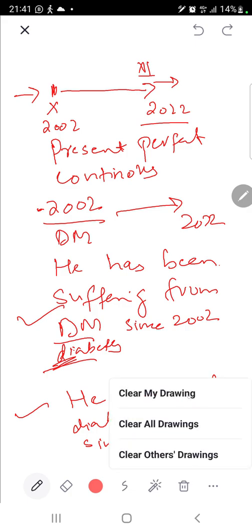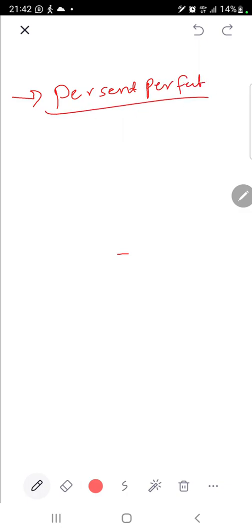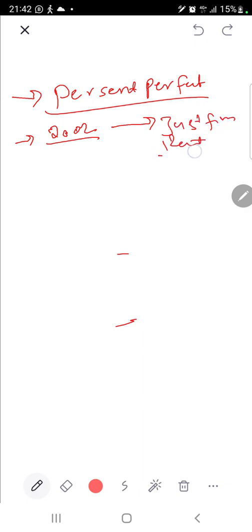Now, the third most widely used tense is the present perfect form, which is close to the present perfect continuous. For example, something started in 2002 and it just finished in recent history. So we can use the present perfect tense.